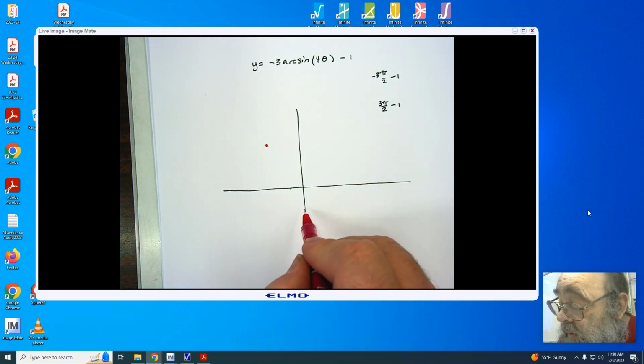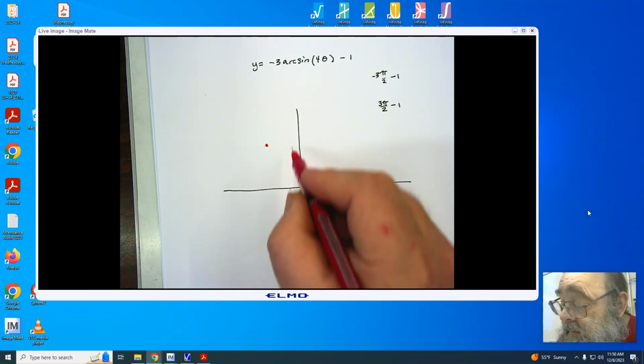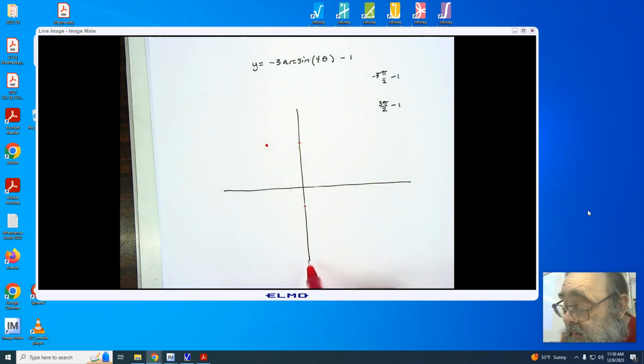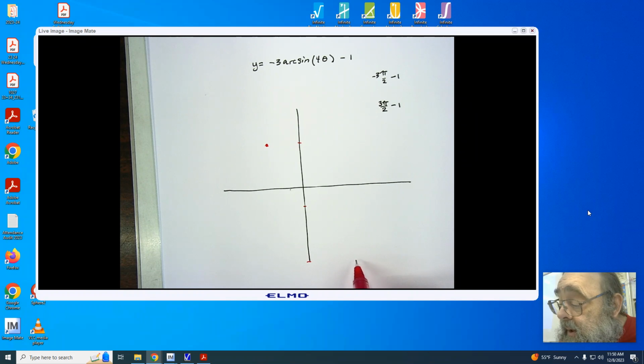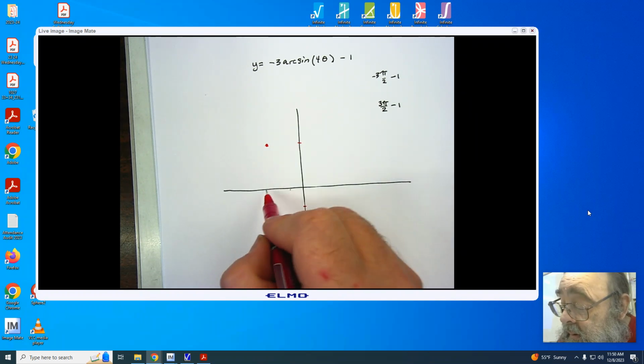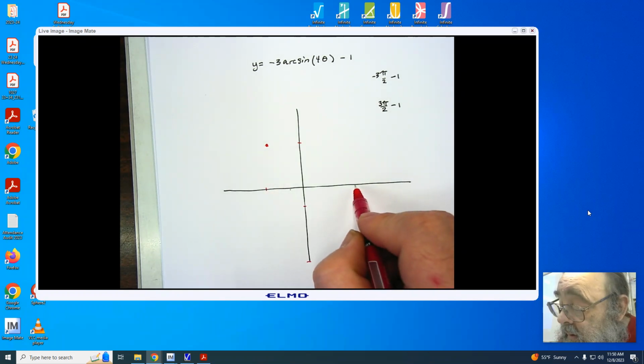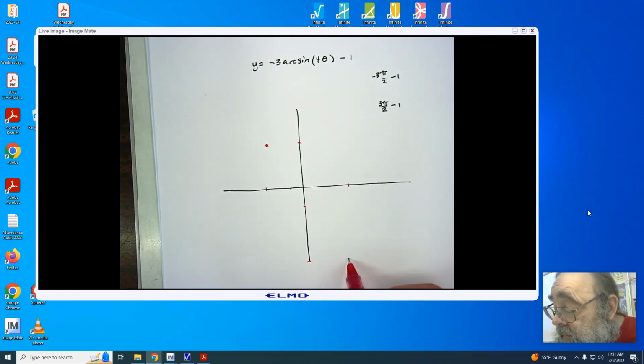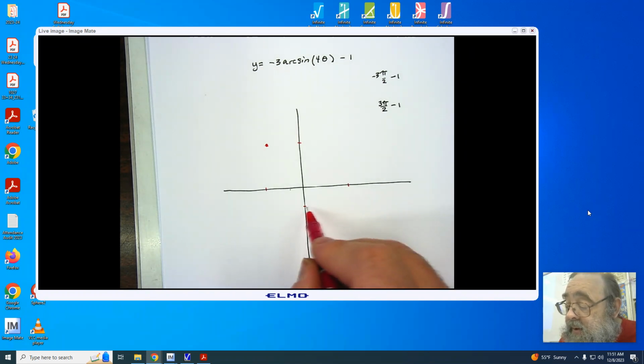And -1 is going to be right there. So this is going to be the two values that I'm working with. From the center line right here.